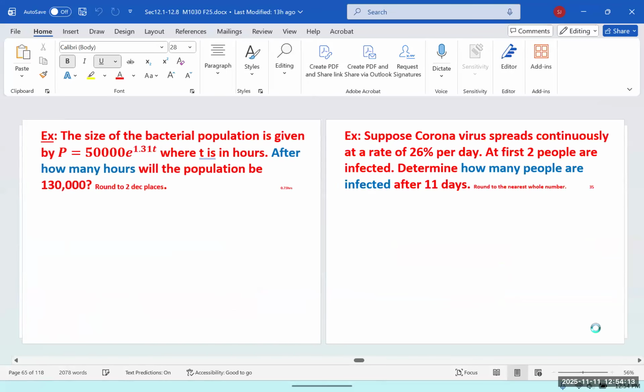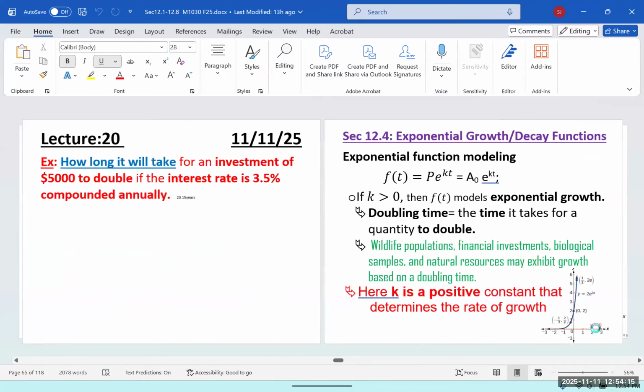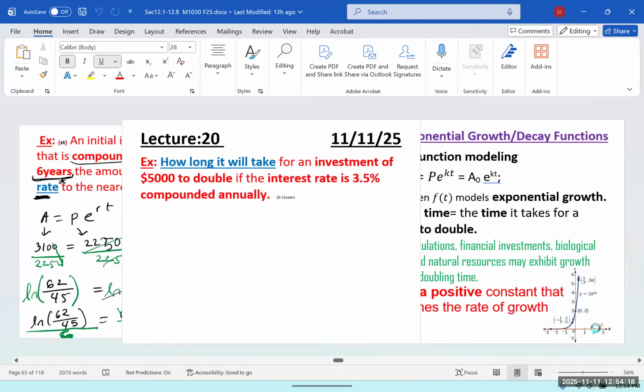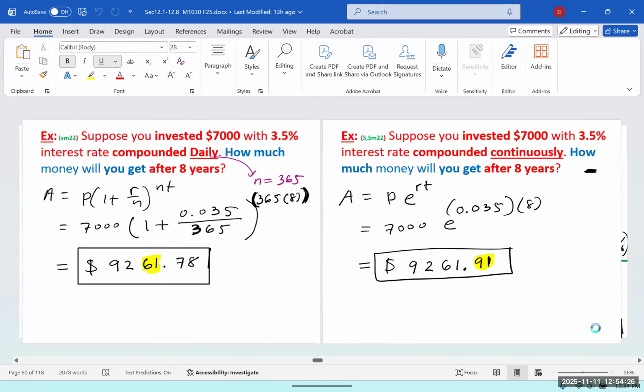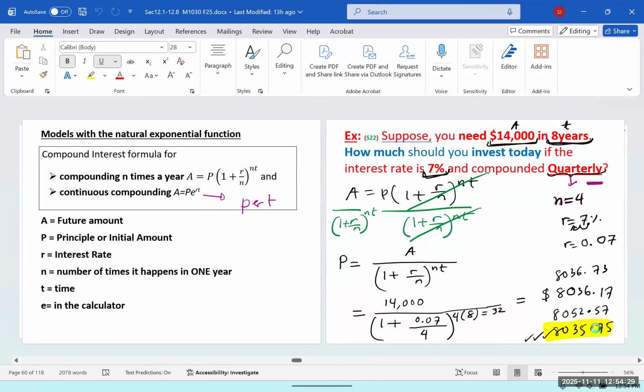Okay, so last class we talked about the application of exponential equations, and we came across two formulas.